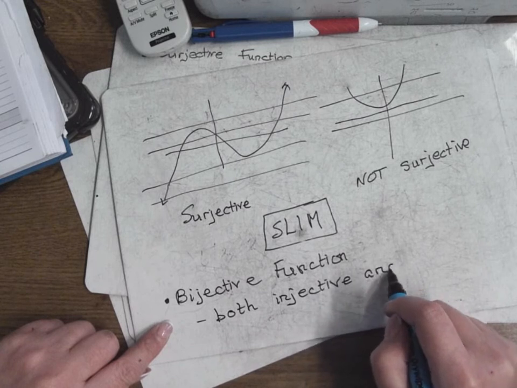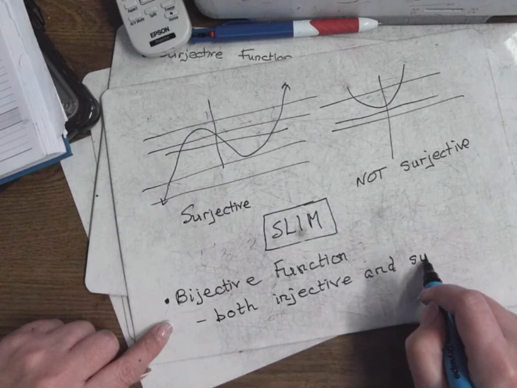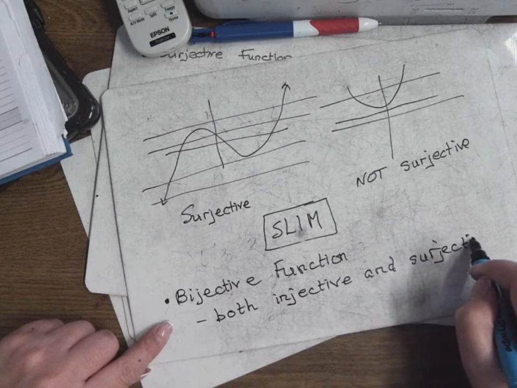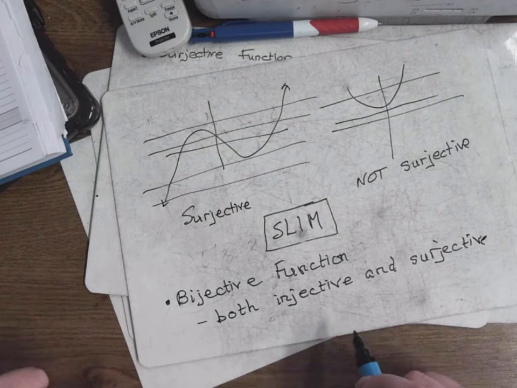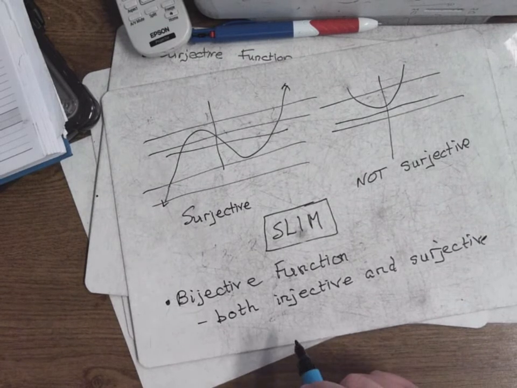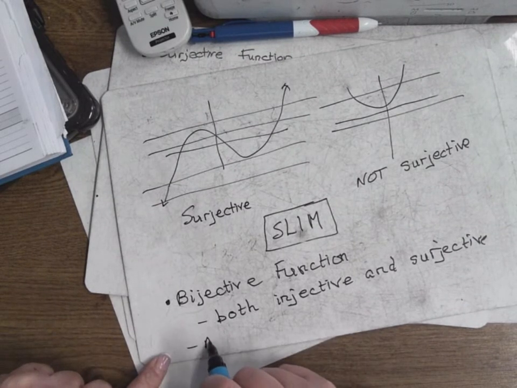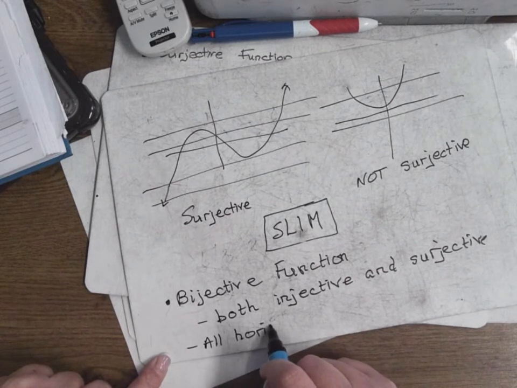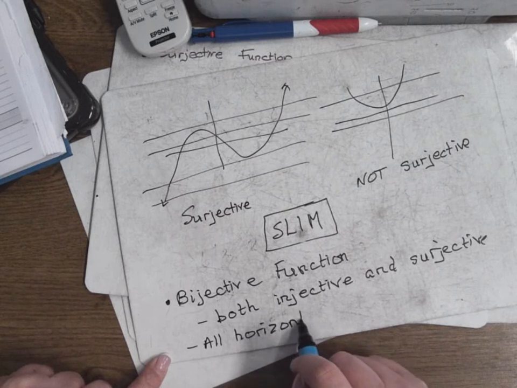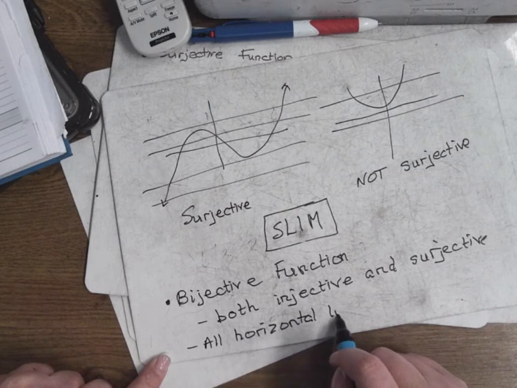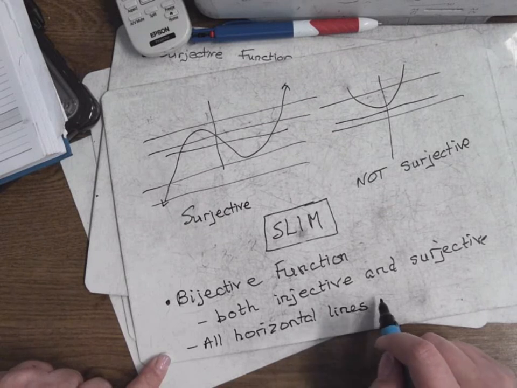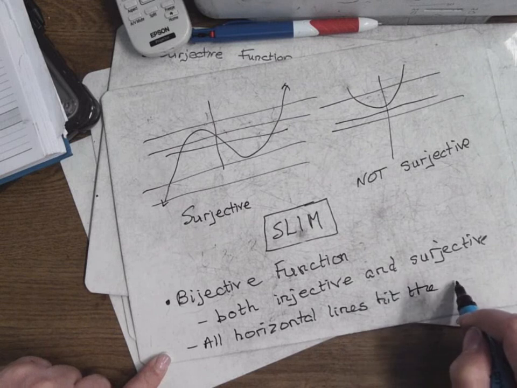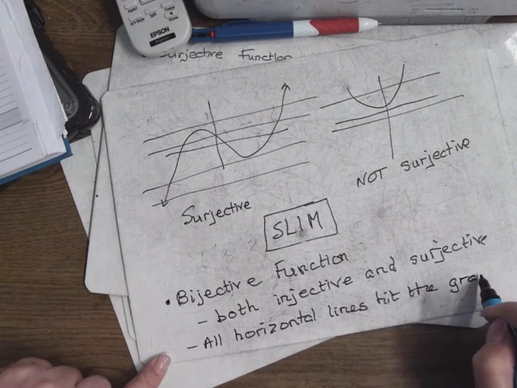If it hits it at least once and at most once, that means with the horizontal line test, it hits it exactly once. So all horizontal lines hit the graph exactly once.